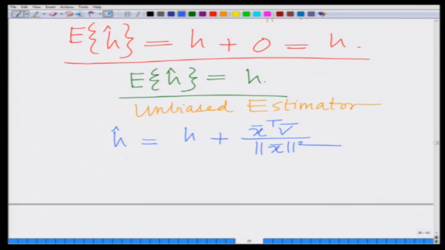If we look at h hat minus h, that is equal to x bar transpose v bar divided by norm x bar square.